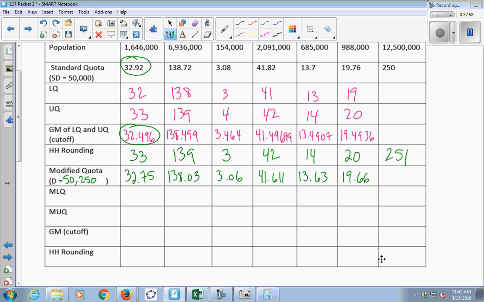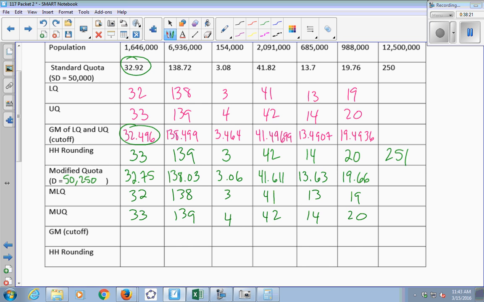All right, so we got that. And so now I have to get modified lower quotas, modified upper quotas, and the new cutoffs for the geometric mean. So I've got 32, 33 for lower and upper, 138, 139, 3 and 4, 41, 42, 13, 14, 19, and 20.